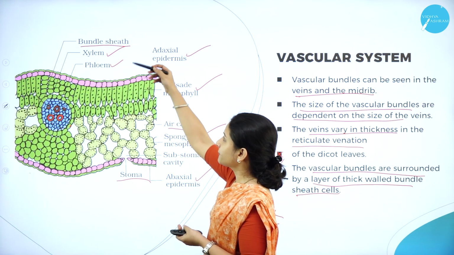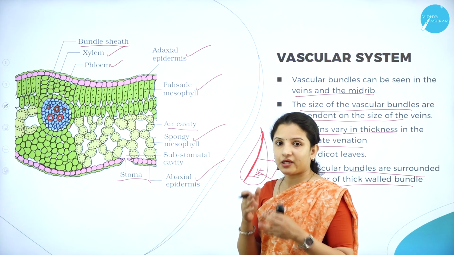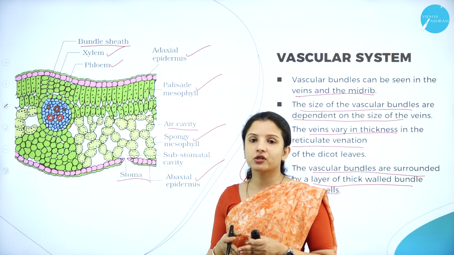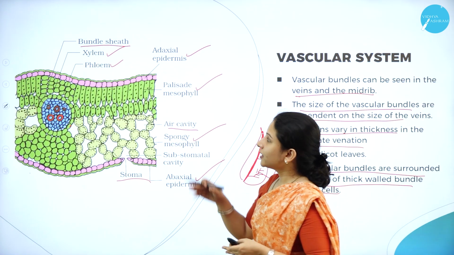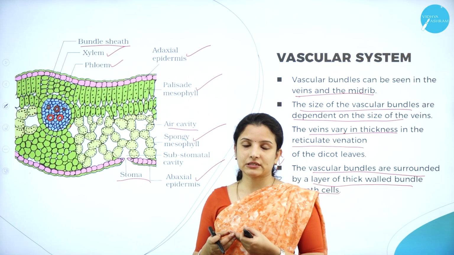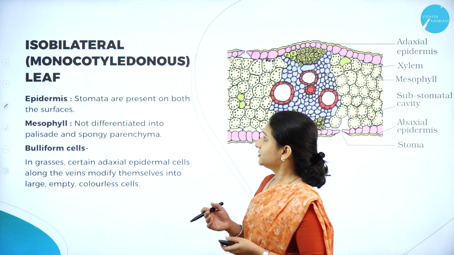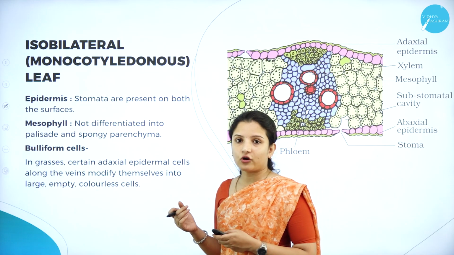It has the xylem and the phloem, which are mainly concentrated in the midrib region of the leaf and the veins, and surrounding the xylem and phloem there is a layer of thickened parenchymatous cells, which is nothing but the bundle sheath. So this is about the dicotyledonous leaf.